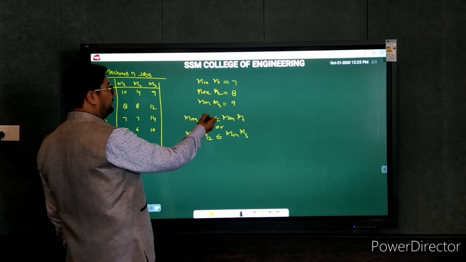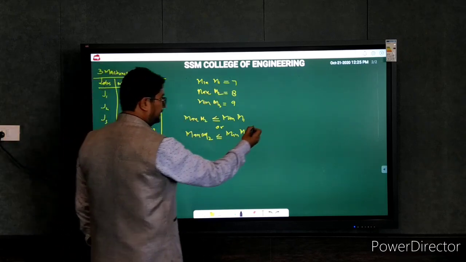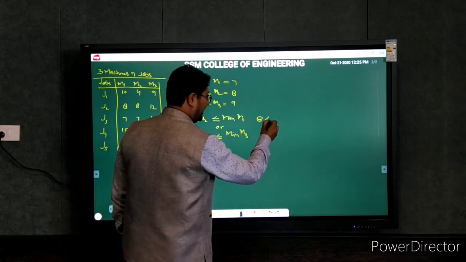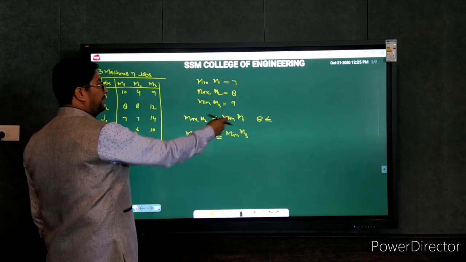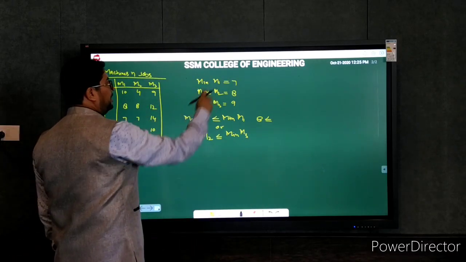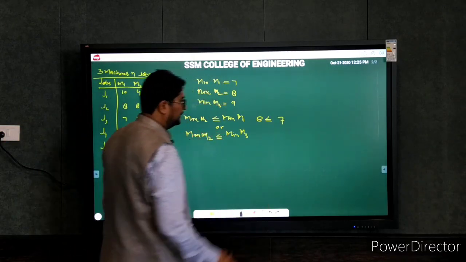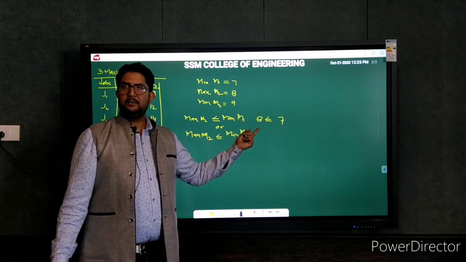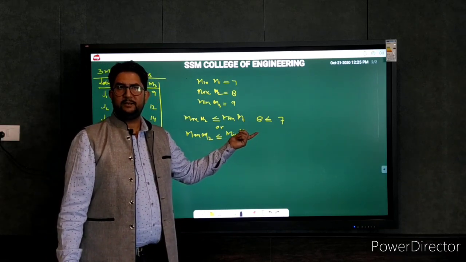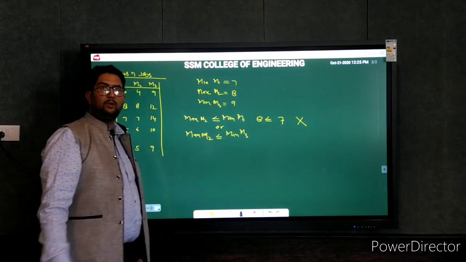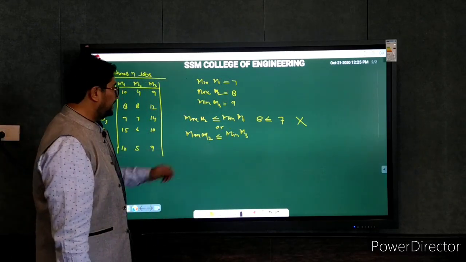Let's see. Max of machine 2, that's 8, has to be less or equal to min of machine 1, that is 7. Is this correct? 8 is less or equal to 7? No. So this test is not satisfied. Let's move to the next test.